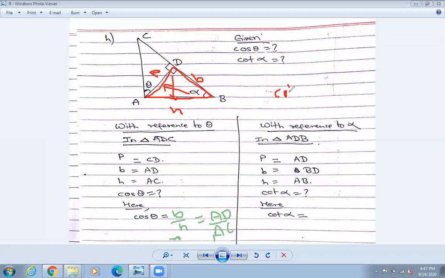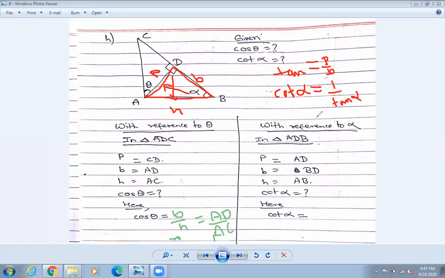Cot is the reciprocal of tan alpha, the opposite of tan. What is the formula of tan? Tan means P by B, so the reciprocal of tan is 1 by tan alpha, which means it is the reciprocal of tan.